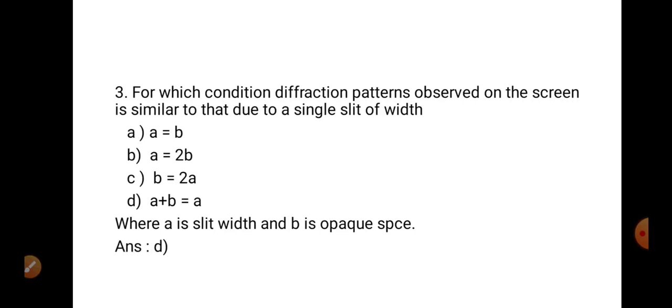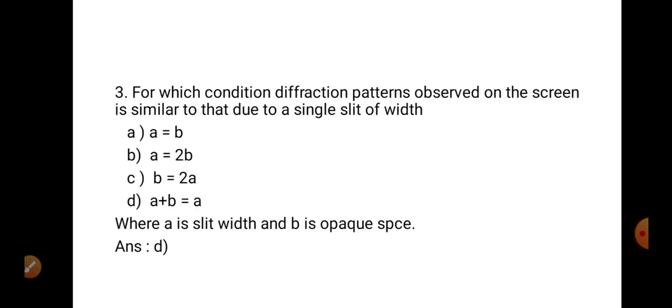So the answer is D. When a plus b is equal to a, b is 0, then there is an overlapping of the two slits, and it becomes a single slit of width 2a. So option D is correct.